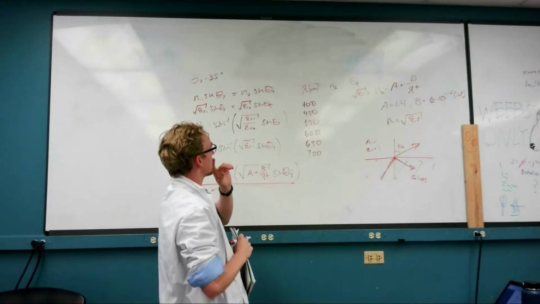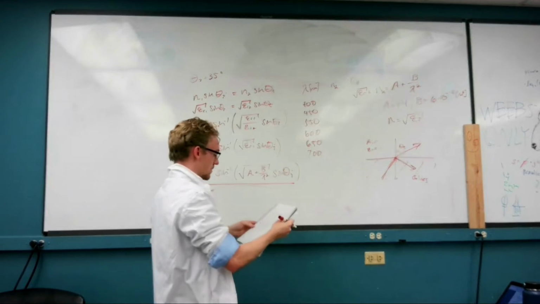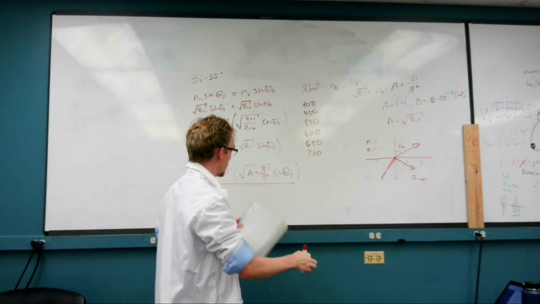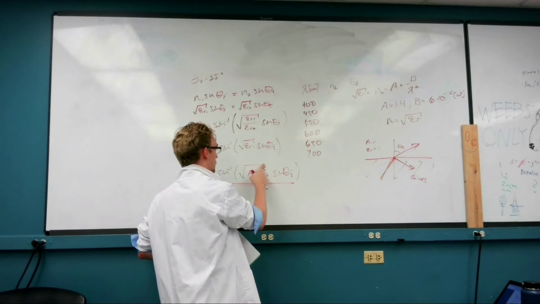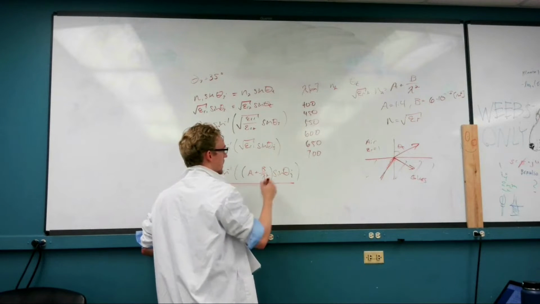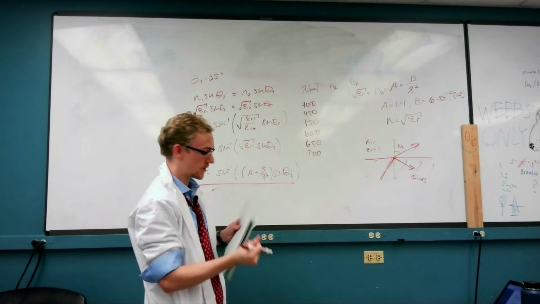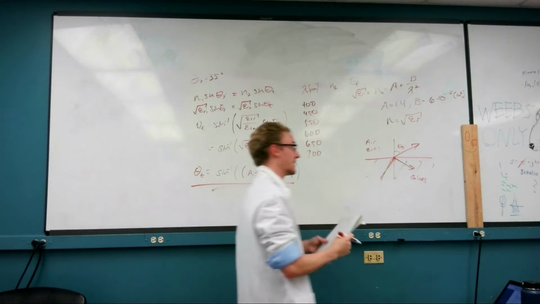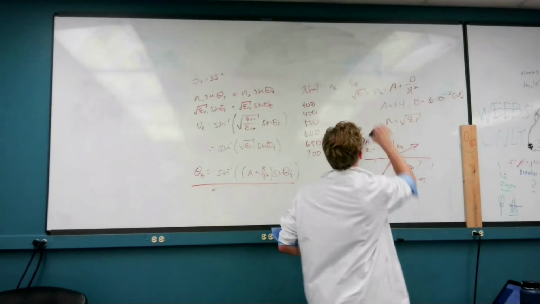Oh, no, I think you might be right. Yes, you're right. See, I was deviating from the script. Good catch, guys. I was making sure you were actually watching. It's a good thing I calculated these in advance.